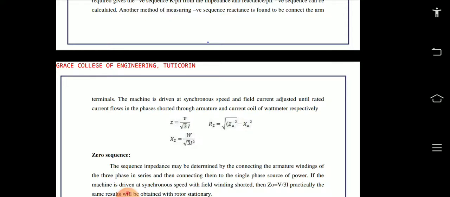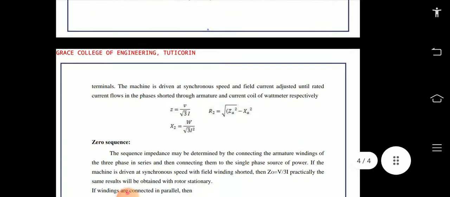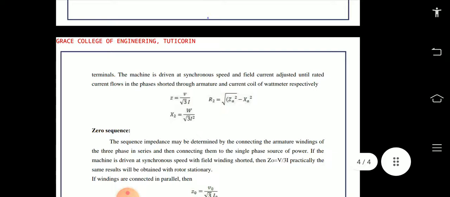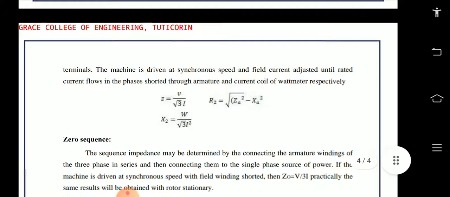Here we are having the R2 value and also the X2 value. Here R2 is your resistance value and X2 is your reactance value. These can be obtained from the readings in our tabular column.